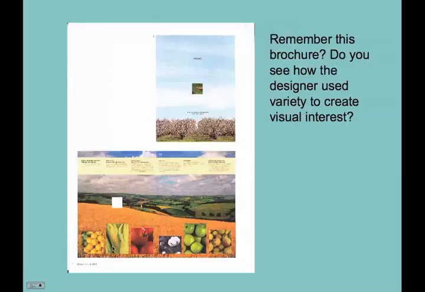And down in these photographs, you see that they're all photographs of produce, things that are grown or produced on farms, because we're looking at fields and we're looking at an orchard. But if you look at all these, you see we have fruits and vegetables with the exception of one, and that being cotton. This is variety to add visual interest. And it's important so that your design doesn't become too static or uninteresting.